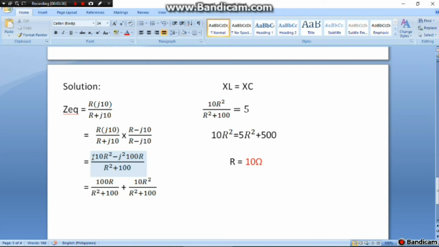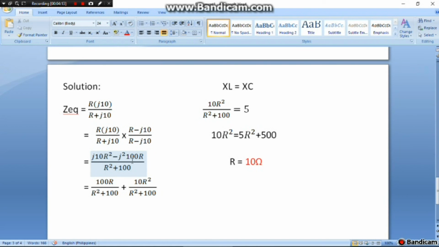The answer for that will be j10 R squared minus j squared 100R over R squared plus 100. J10 times negative j10 is negative j squared 100, and j squared equals negative 1, negative times negative is positive, so positive 100.